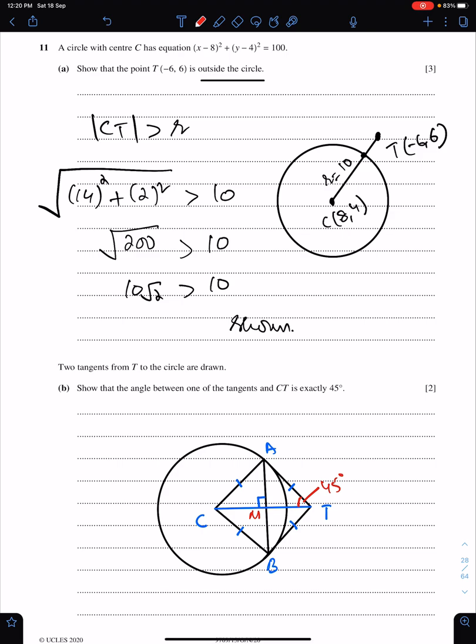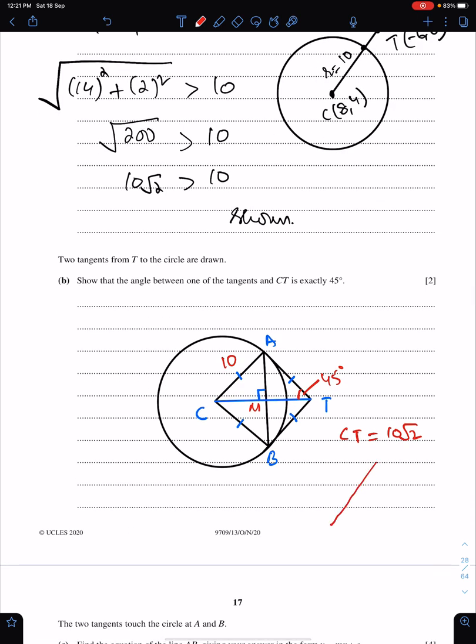See, we have this length. This distance is 10 root 2. This is radius 10. And CT is 10 root 2. So by considering this triangle ACT here, and this angle 90, we can easily get this angle.